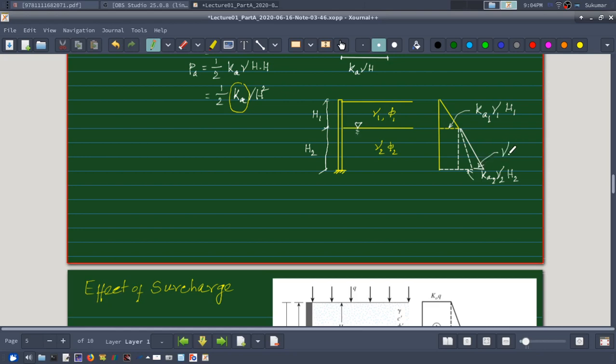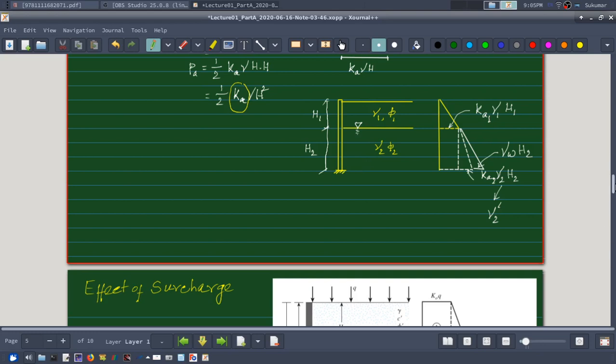Gamma W into H2. So this will also be acting in case of submergence up to this level, and in that case here I will use gamma 2 submerged in place of gamma. So that's how we can find out the variation of earth pressure along the height of the retaining wall.